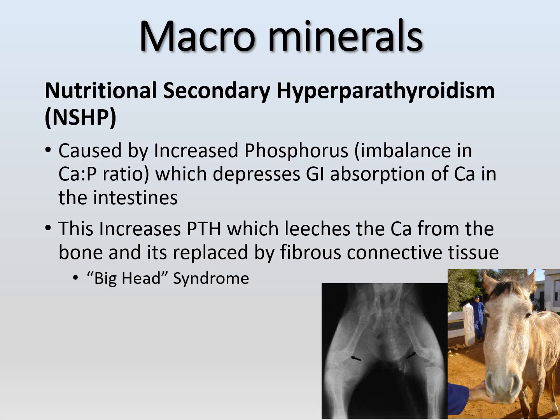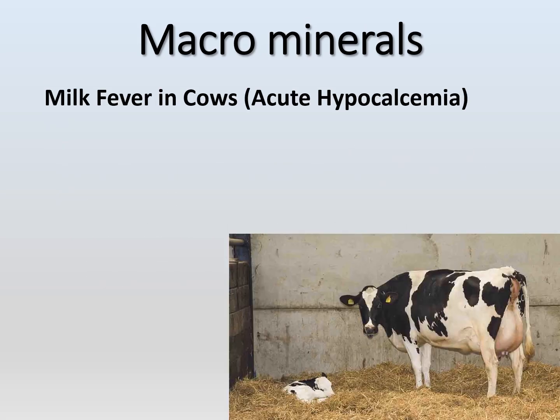It can also be referred to as big head syndrome because they lay down all of this fibrous connective tissue in their bones, which is kind of crazy to see, the symptomatic disease. So anyways, it's very similar, right? But a little bit different because it's due to phosphorus and not necessarily a decrease of calcium directly, okay?